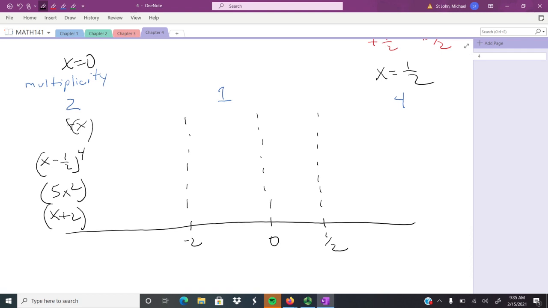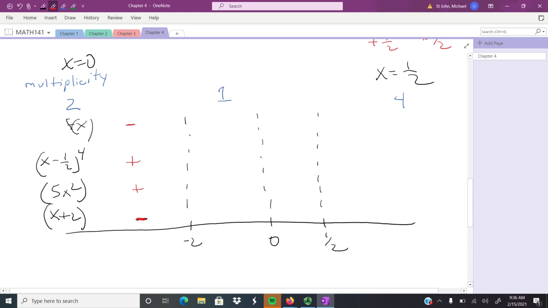So x plus 2, when we're at a number less than -2, this will be negative. All right, and we want to do this in color. So this will be negative. This is going to be positive because after all, a negative number squared will be a positive. This will be a positive because we'll have a negative number raised to an even power, which will give us a positive number. So a negative times a positive will give us a negative number.